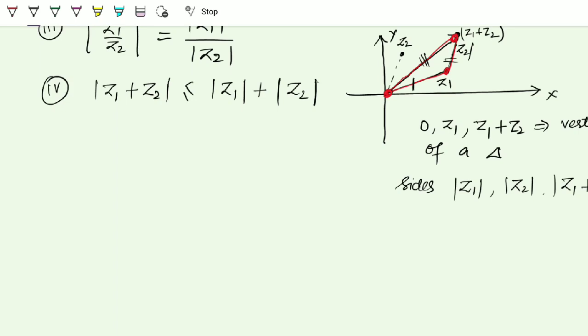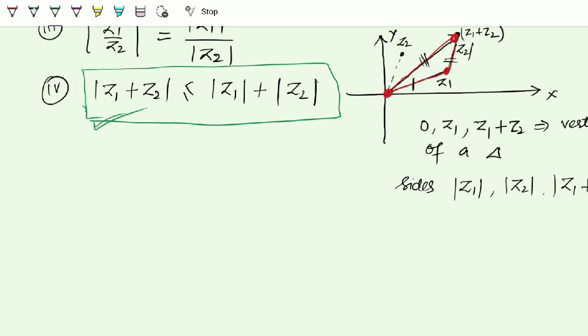So from this we can conclude that one side of a triangle cannot be greater than the sum of the other two. So this relation will hold true.